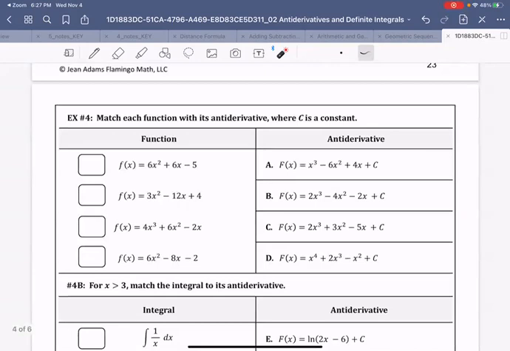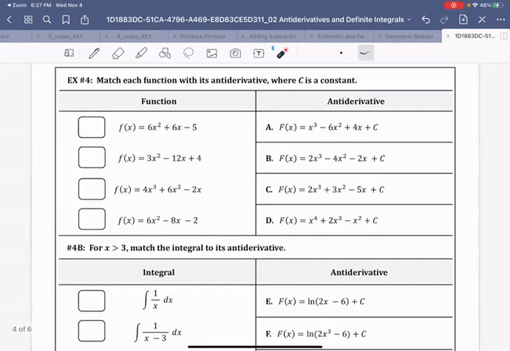Now let's see here. They ask you to match. Yeah, go ahead. Look for this guy. Who is this guy? Antiderivative. Let's see the next one.